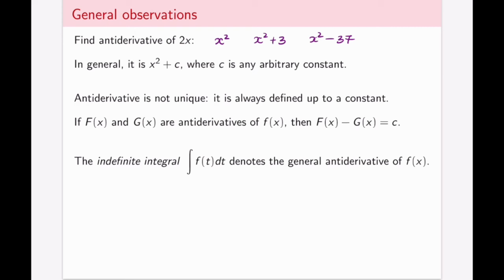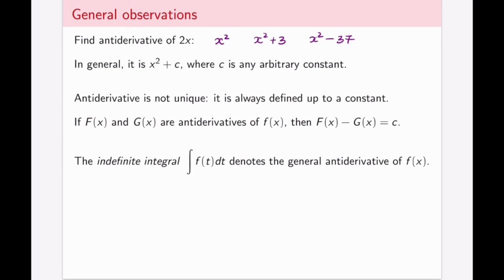What this also gives rise to is the following fact. If I have two different antiderivatives of the exact same function, then they have to differ in only a constant. They cannot be two different functions at their root in nature. The only difference between two different antiderivatives of the exact same function can be just a number.